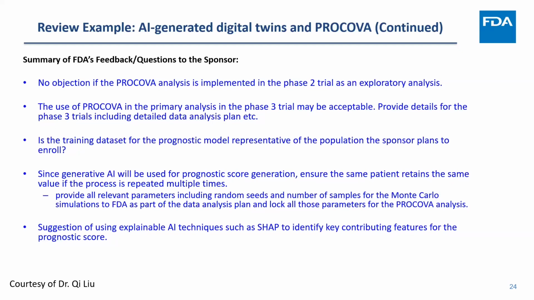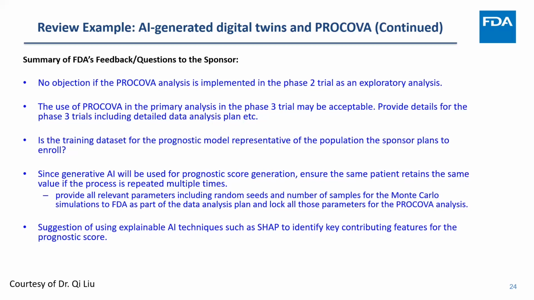And this is more detail. Because they use the Boltzmann model, I think. Is that Boltzmann? Yeah, they use a generative model, Boltzmann. So that's why we wanted the sponsor to provide us a seed, because every time it might give us a different prognostic score.